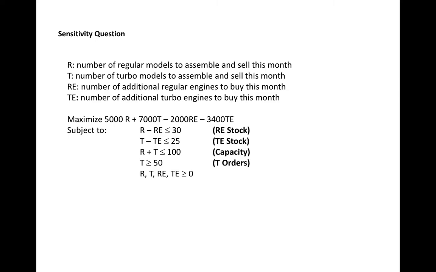The third constraint says that the total number of models should be less than or equal to 100 because of their capacity. But turbo models will be made at least 50. Of course, all the decision variables R, T, RE, and TE are non-negative.